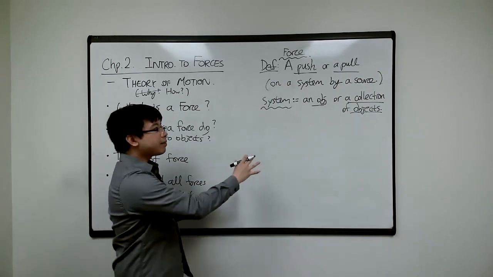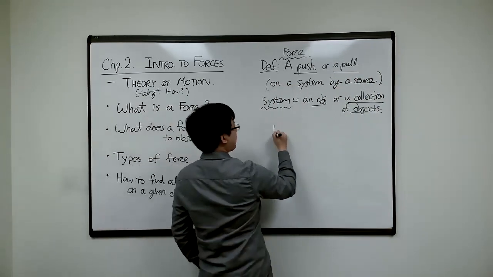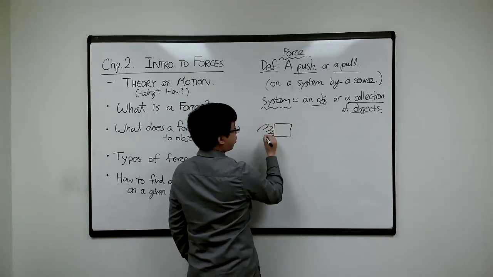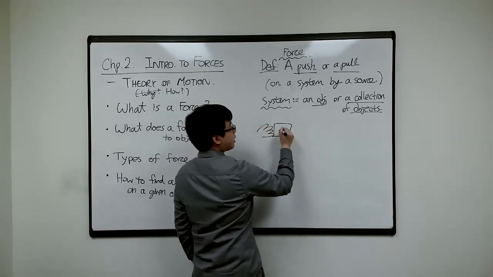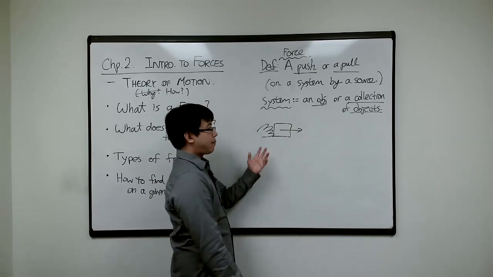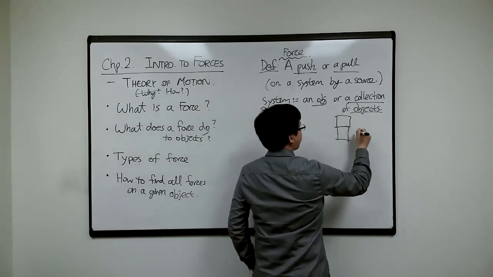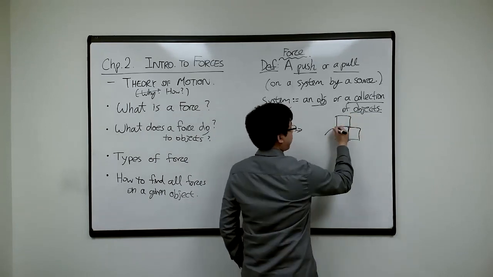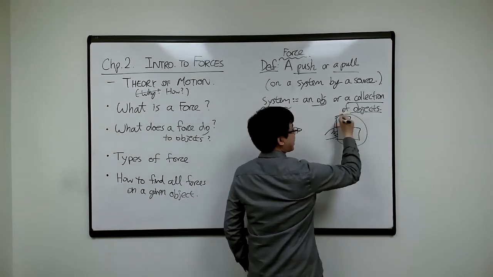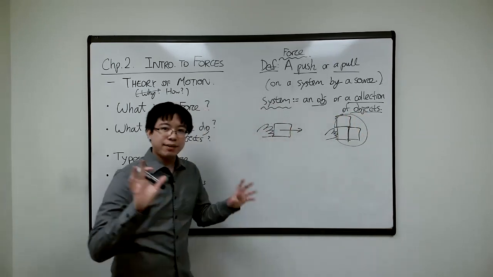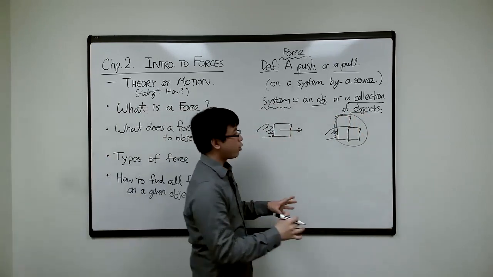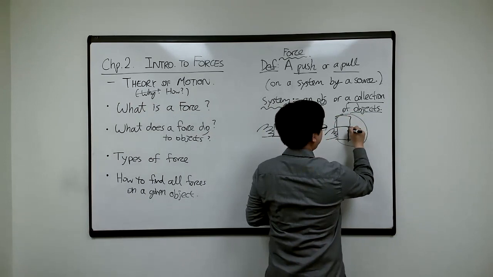board. Okay. A system is an object or collection of objects because, for example, if I push a book or a block like this, so if I push it, right, I'll move it that way, I'm pushing on an object, but I could also be pushing a stack of blocks, right, next to each other, right? I can push this, right? You can think of it as a whole system. So system is just the formal word, the technical word for a bunch of objects that you're going to analyze together.